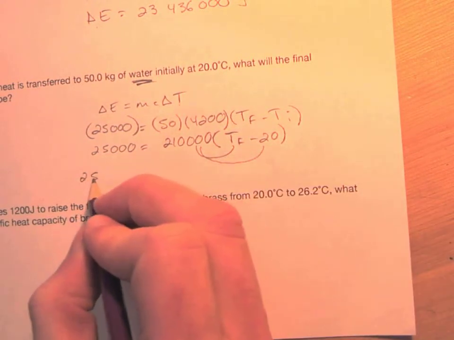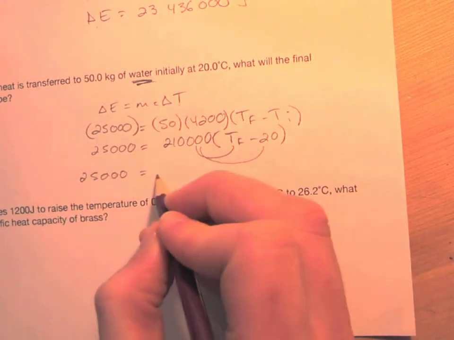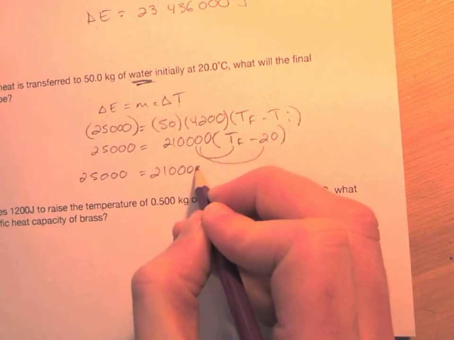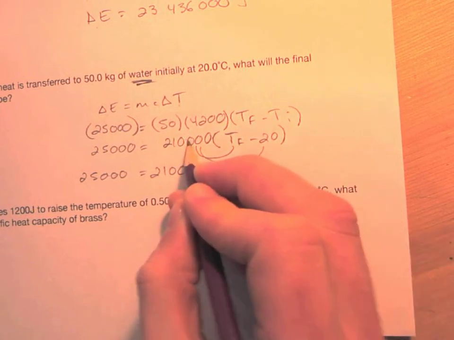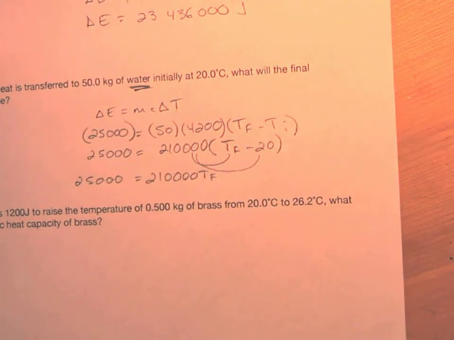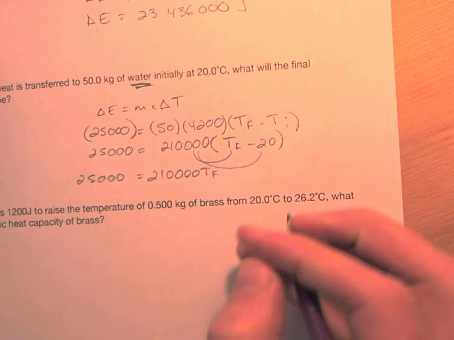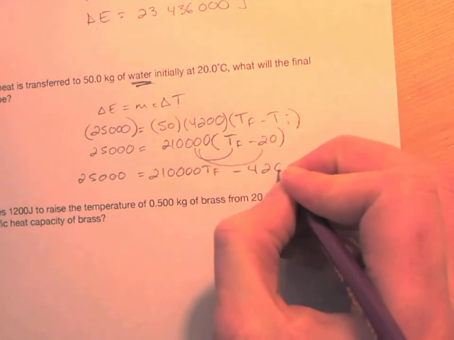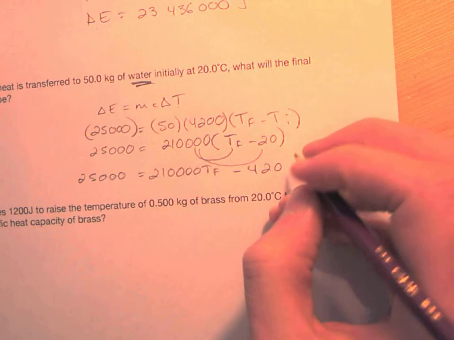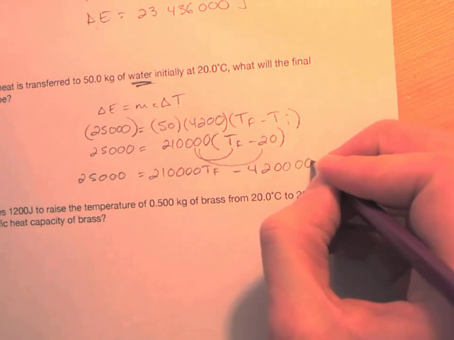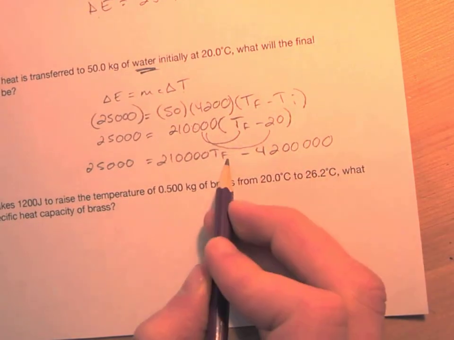So we have 25,000 equals 210,000 times TF, and then 210,000 times 20, which gives us negative 4,200,000.